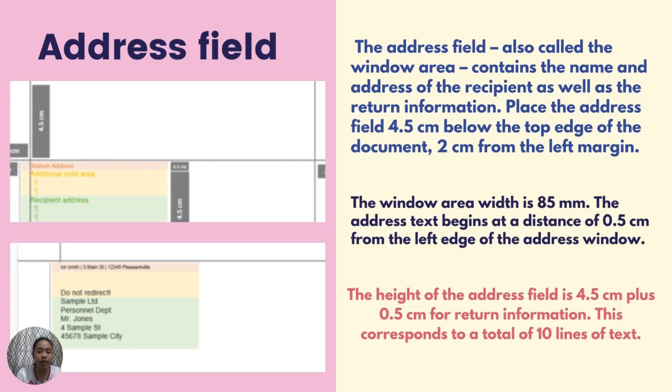If you do not make any comments, the three lines between the return address and the recipient address must remain empty. In this image, this is an example of the address field that we're talking about.